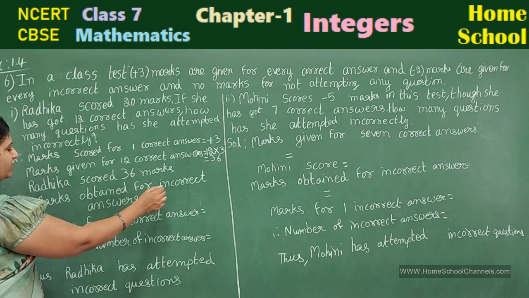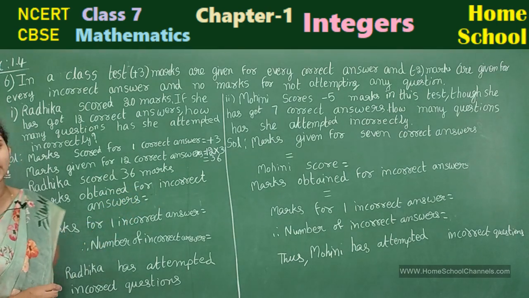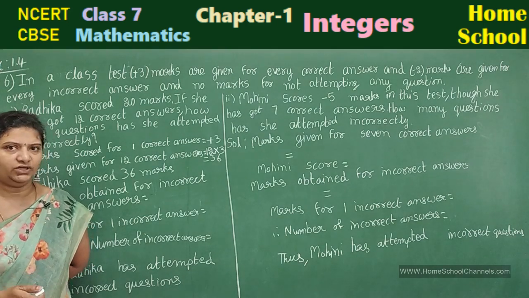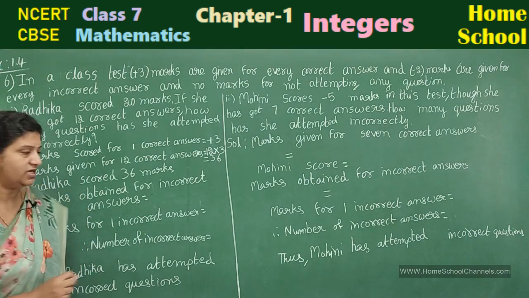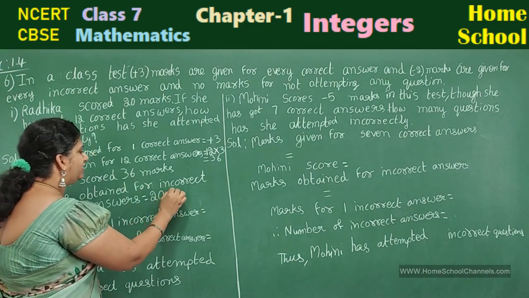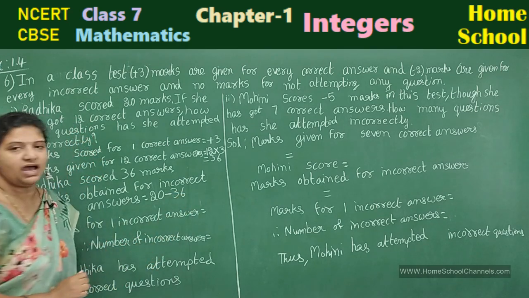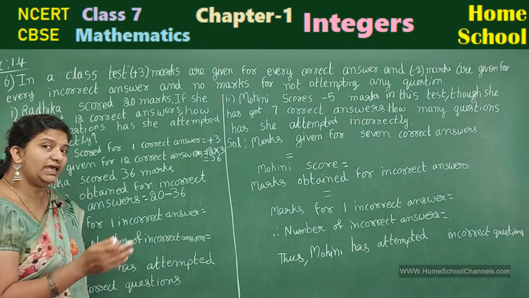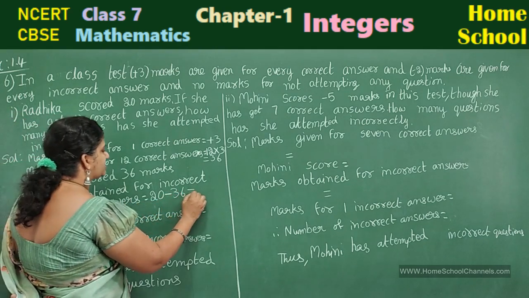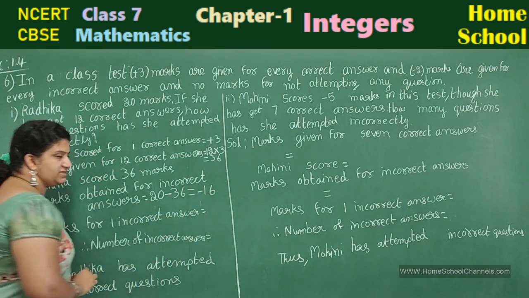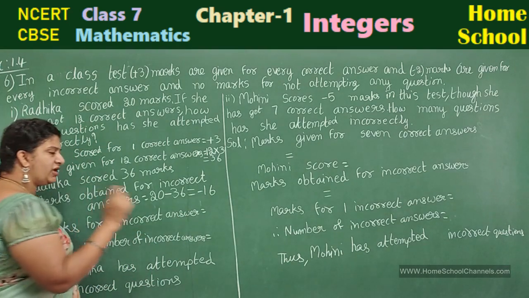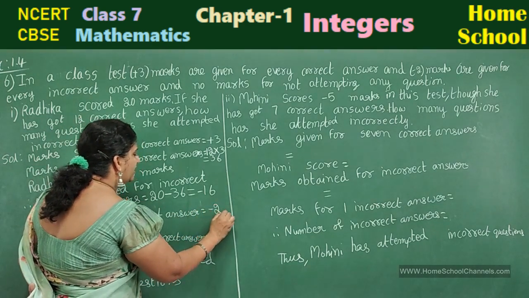Marks obtained for incorrect answers is equal to. How many incorrect answers has she done? We don't know. But Radhika's score is 20. In Radhika's score, if you subtract the correct answer score, you are going to get the incorrect answer score. So 20 minus 36 will be minus 16. And marks for every incorrect answer, how many marks is she going to score? Minus 2.